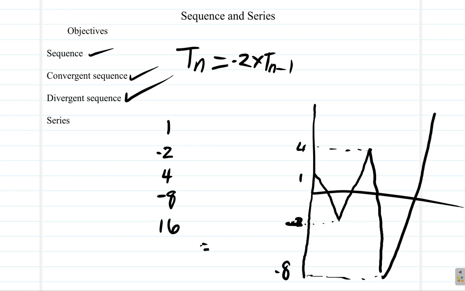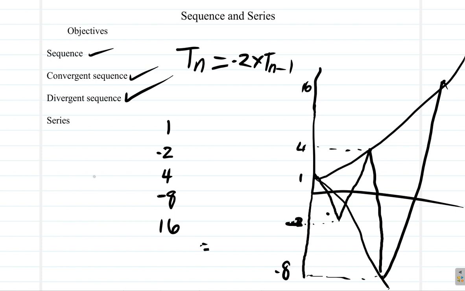Then it swings back up to positive 16, and so on. But whatever the case is, you see the answers are spreading out, still getting either increasingly positive or increasingly negative. But you can see it's divergent.